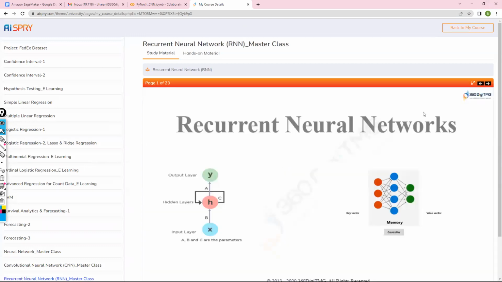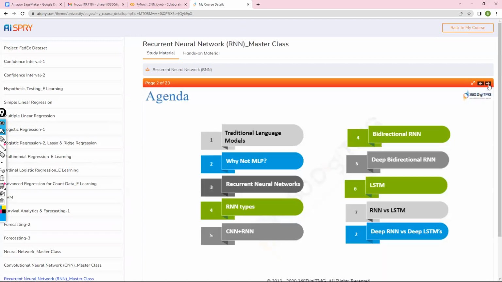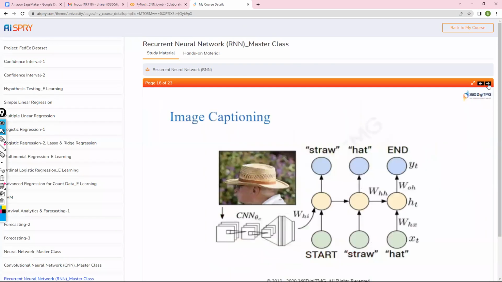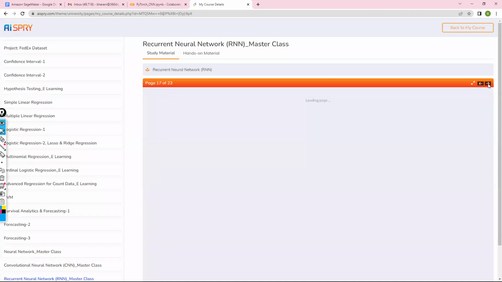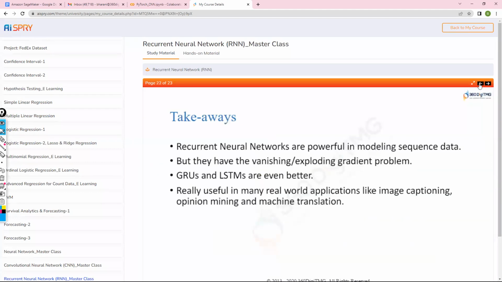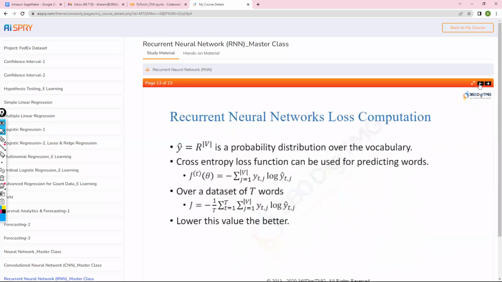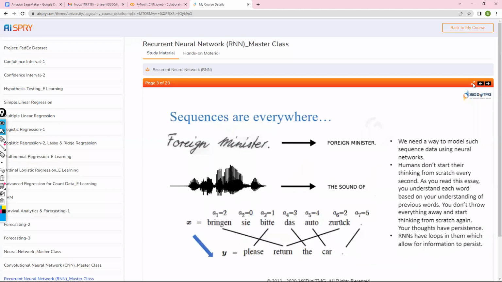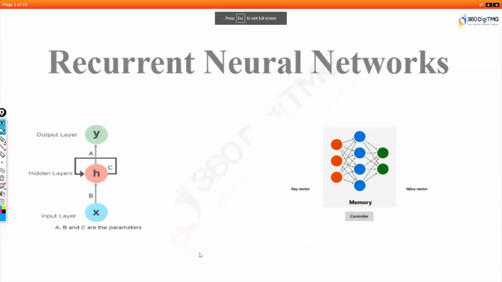So let the slides come up. Let me see whether we have all the slides listed down. Yes. Okay, I think we have the right amount of slides. Shouldn't be a problem. Okay, so we will get started now with recurrent neural networks.